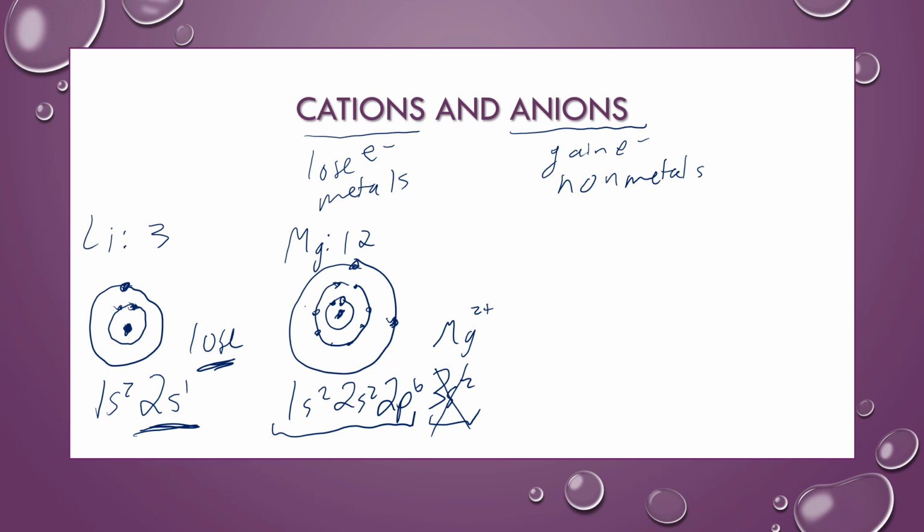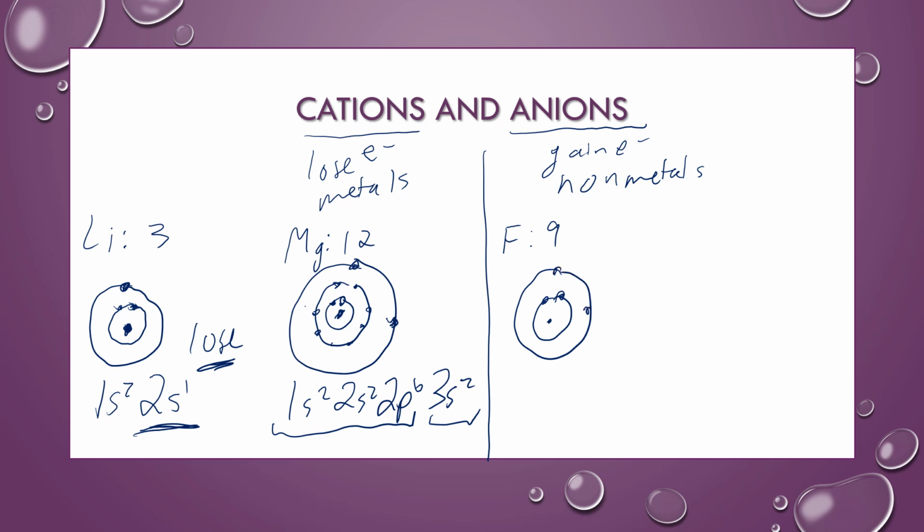Now, that's for your positive ions, for your cations. Let's talk about anions. So let's do fluorine. Fluorine has 9 total electrons. So it has 2 in the first level and 7 valence electrons. Its electron configuration would be 1s2, 2s2, 2p5.